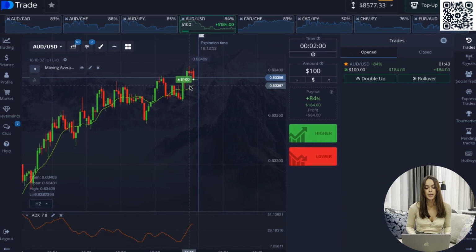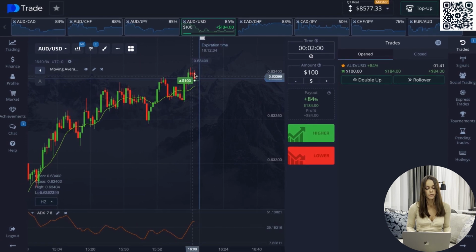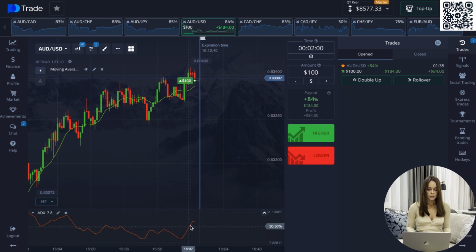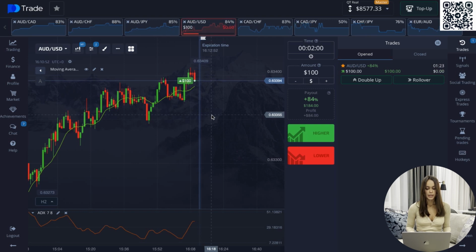Here, I saw a great opportunity to open a position for an increase. We are above the moving average line, the trend is upward. Also, the ADX indicator indicates to you the presence of an uptrend and its trend trading. Therefore, I have opened this position here. We are waiting for its completion.